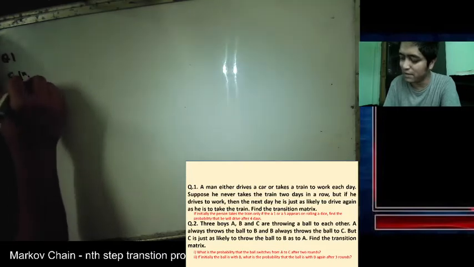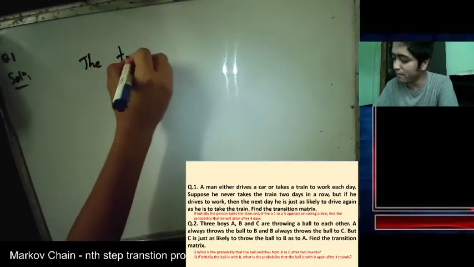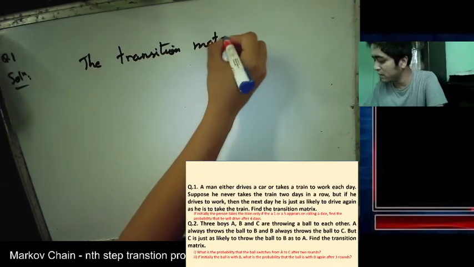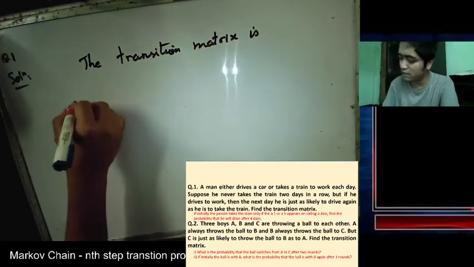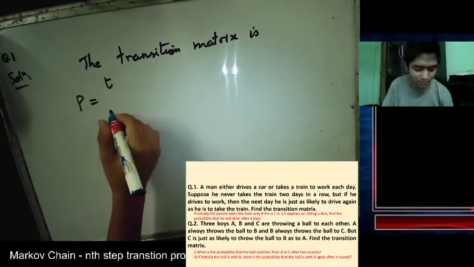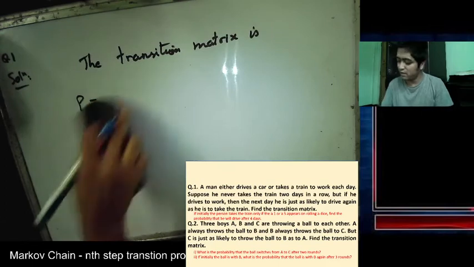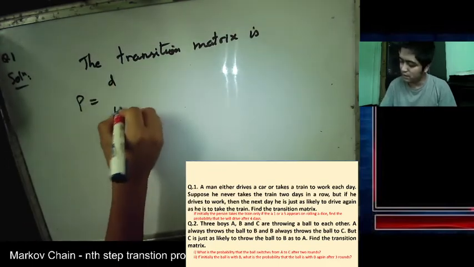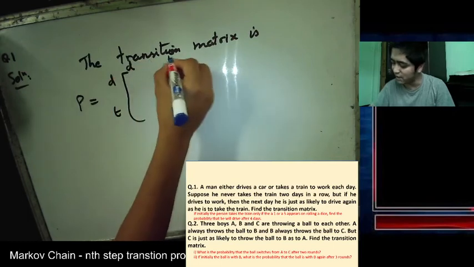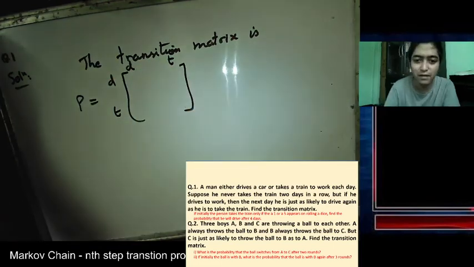Solution. The transition matrix is P. Again, how do we find this one? We can write it as DT or TD, it really doesn't make any difference.